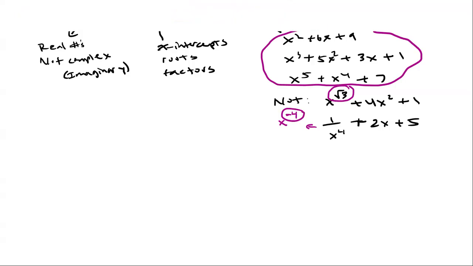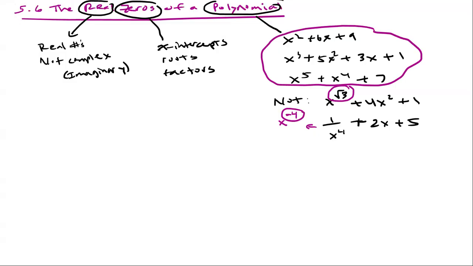Okay, so then let me talk a little bit about, we interchange these a lot, but they're different. X-intercepts, roots, factors. So let's talk a little bit about the difference between a factor versus a root.